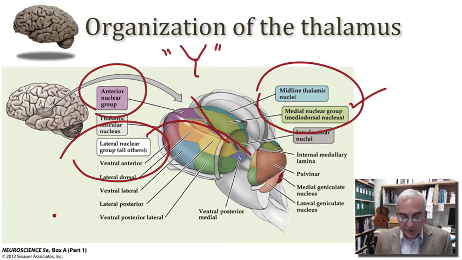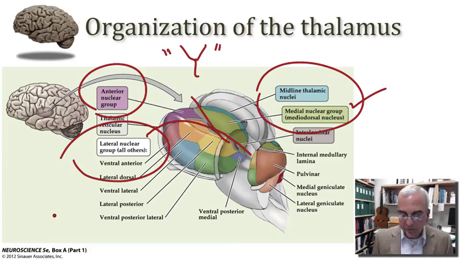So it's in this lateral group that we find many of our sensory pathways that we'll be talking about over the next several tutorials, running through the thalamus, relaying information to the cerebral cortex in an areal specific pattern.